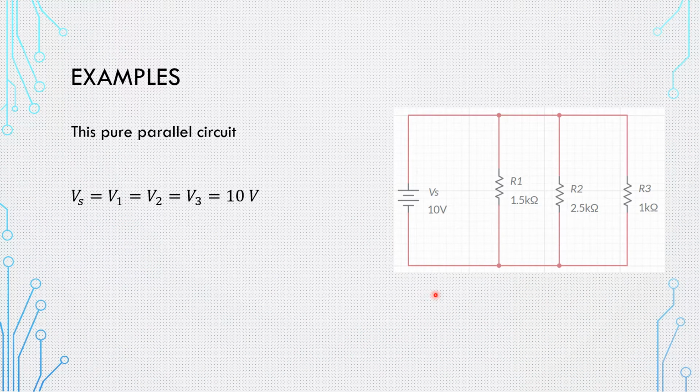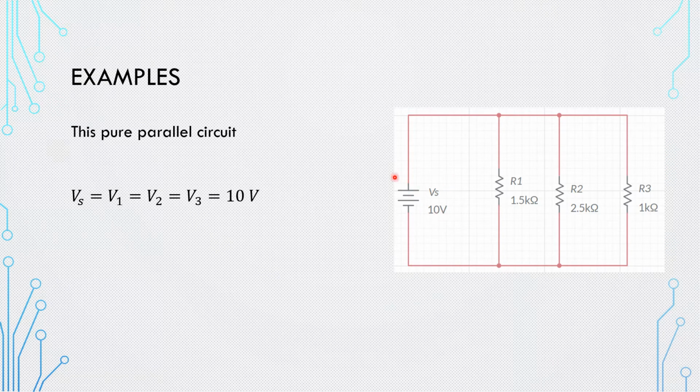The second example here is very easy, very straightforward, as long as you know and understand the idea of the voltage, how it distributes in parallel and series. So obviously I'm having here a pure parallel circuit. What I mean by pure is that all the elements are connected in parallel. So in this case, the voltage across each resistor is gonna be the same as the voltage connected across these two nodes.